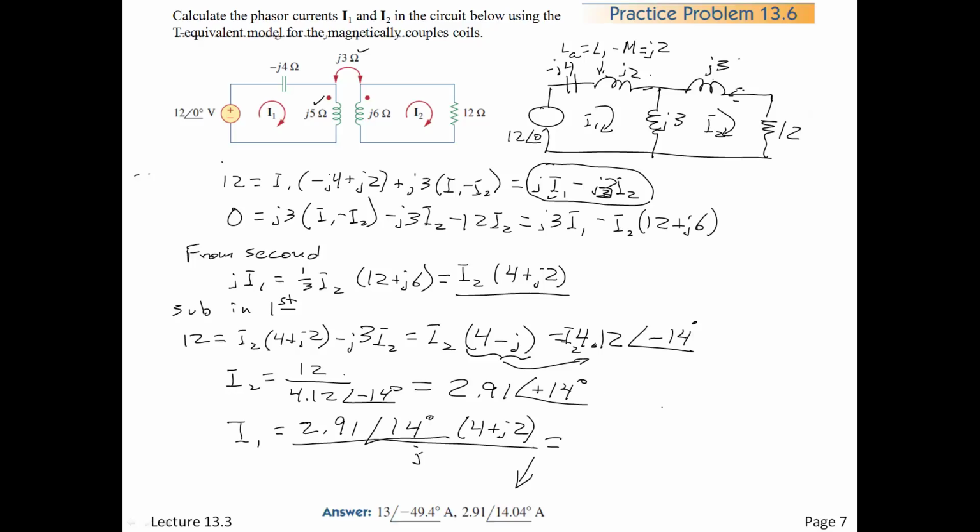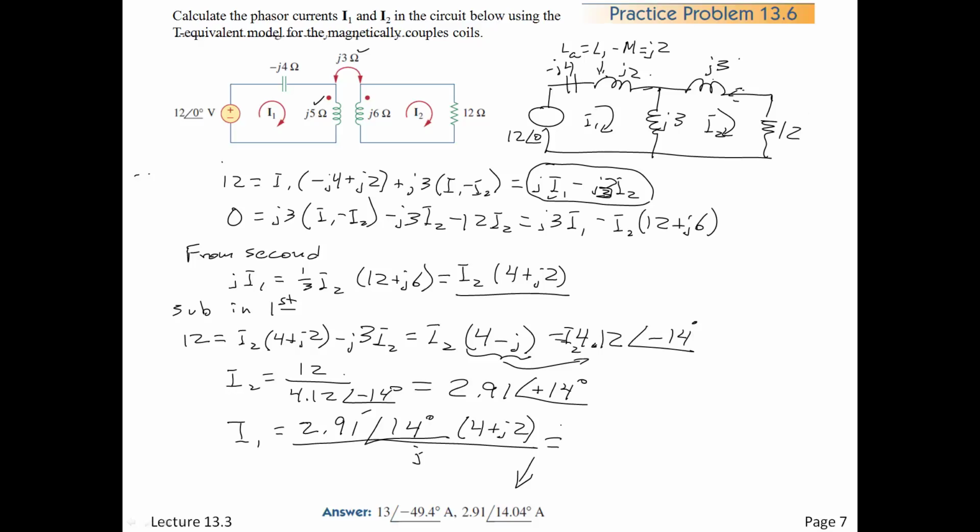But when you do the math, you got 2.91, and 4 by 2 is going to be 16 plus 4 is 20, so the square root of 20 is going to be a little over 4. So this number should be just a tad over 12, right?